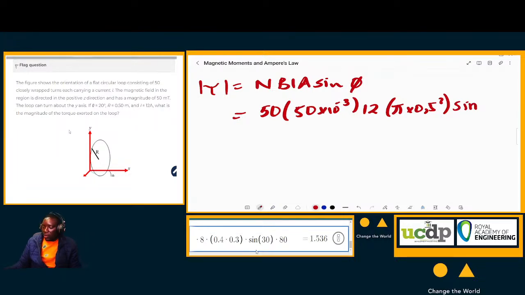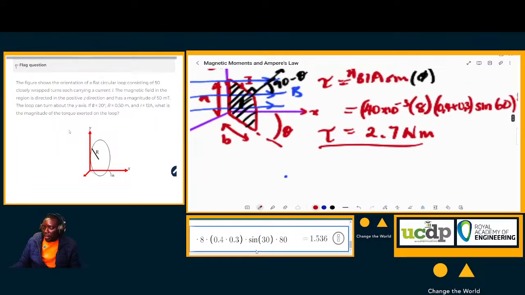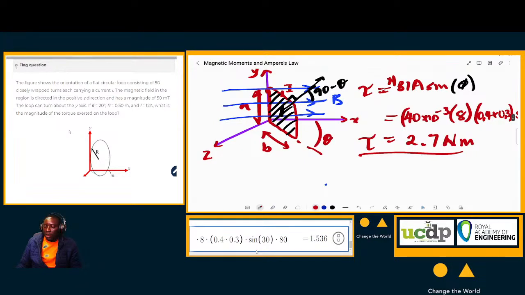What is that angle now? This time around, we have a field in the z direction, and our loop is oriented at an angle theta to the x-axis. So that means the normal to the loop will be oriented at an angle theta to the z-axis.